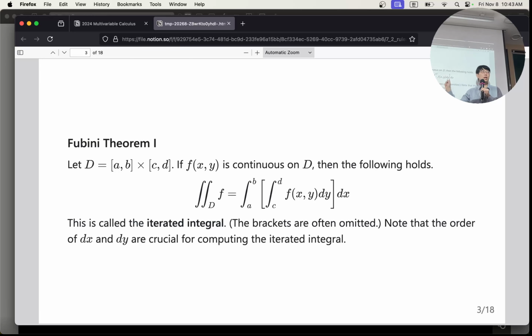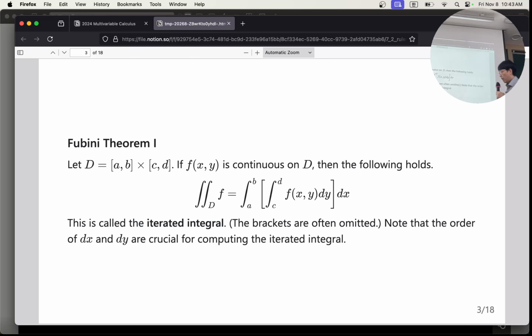So it's called an iterated integral, and this is just the integral, or sometimes called a double integral. The theorem says that if your domain is a rectangular domain, you can calculate the double integral by iterating the integral of the same function.